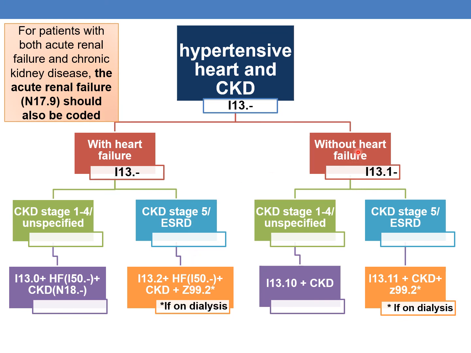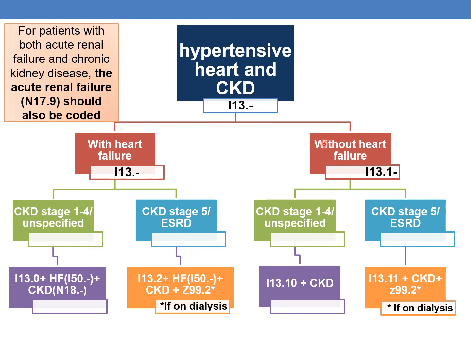Now coming to a hypertensive CKD patient without heart failure. The hypertension code is I13.1. It is further subcategorized. For a hypertensive patient who has CKD and does not have heart failure, the codes are I13.10 plus type of CKD.